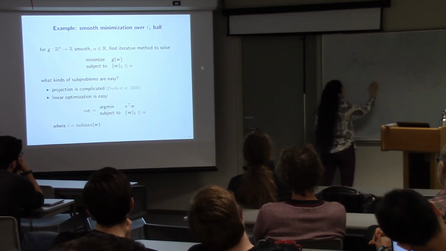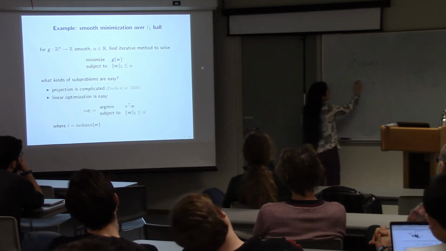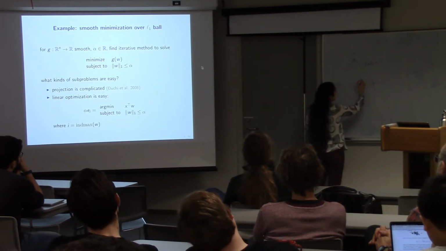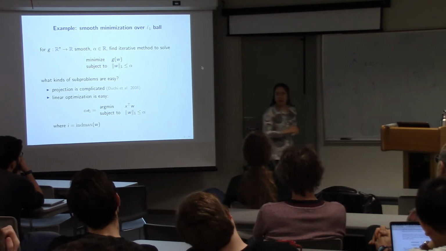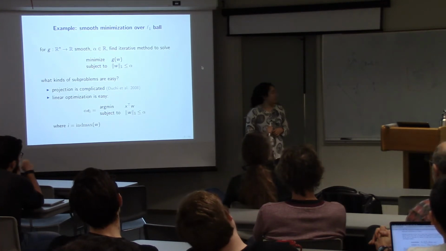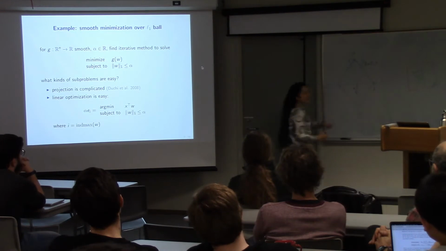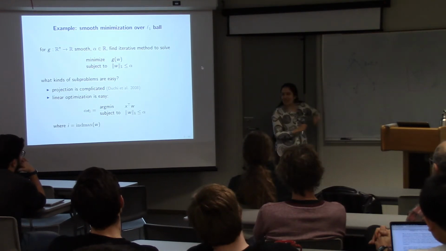So this value is 1, that value is 1. Suppose I want to minimize the linear function x. Let's say I'm going to draw negative x. This is negative x. Okay. What's the solution? Right. So I want to find a point inside this set with minimum inner product with negative x.